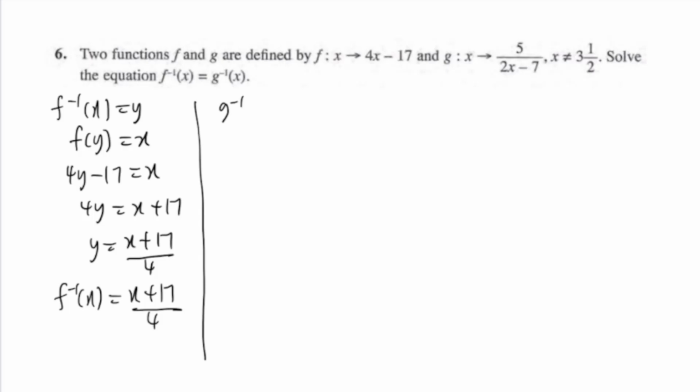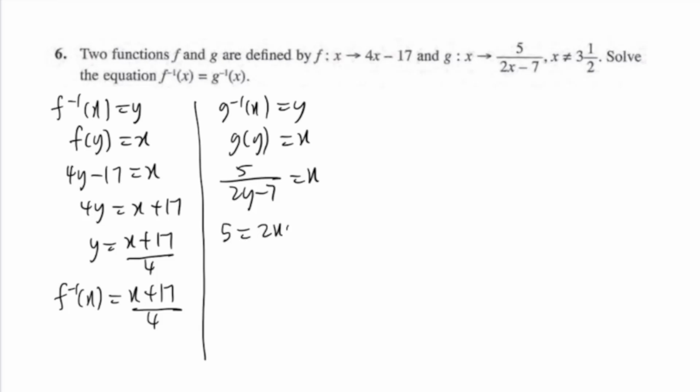Next I'm going to find my g inverse. I'm going to let g inverse of x become y. g(y) is now x. So 5 over 2y minus 7 equals x. Here again, you can choose to switch the position, or you can multiply one by one. But I don't want to show you too many, so I just show you the second one. 2y minus 7 multiplied by x, one by one. Let's find y. So I bring the 7x over.